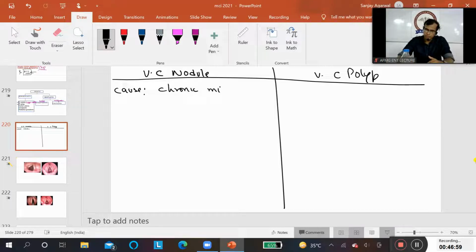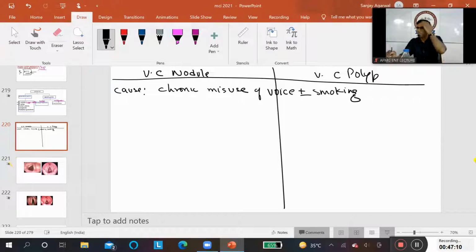Chronic misuse of voice, plus minus smoking. If somebody has to use the voice too much, that's called chronic misuse of voice. And if the patient is also a smoker, then the chances become that much higher. So this is common to both.